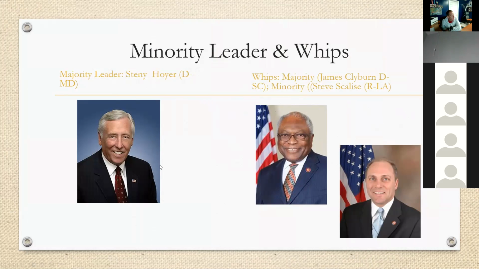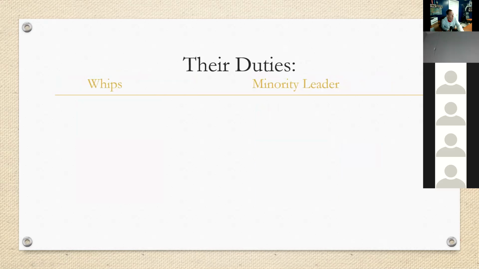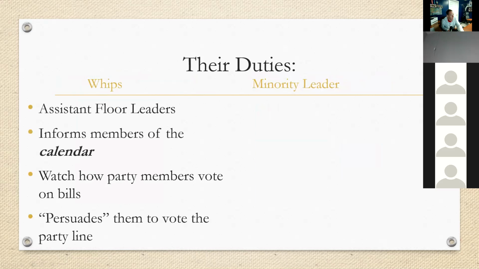So if the Democrats say, we want this coronavirus relief bill passed, it's James Clyburn, the majority whip. It's his job to count the votes, to make sure that all the Democrats vote for that. And Steve Scalise, who is the Republican minority leader, would make sure that his party doesn't vote for that. Or if it's something his party wants passed, he would get them to vote his way.